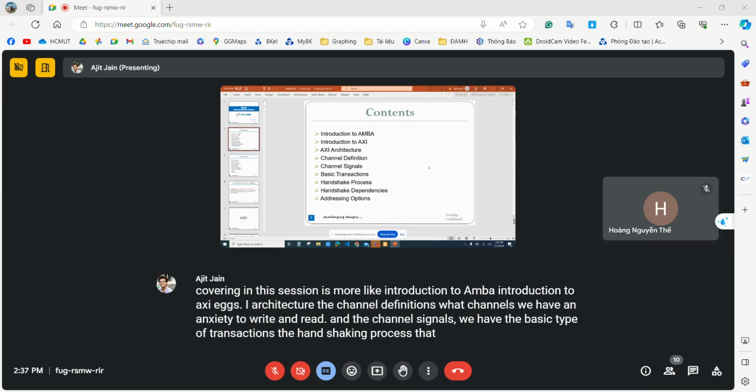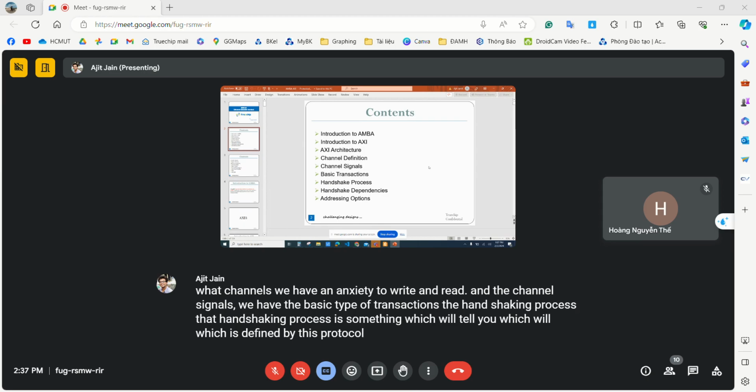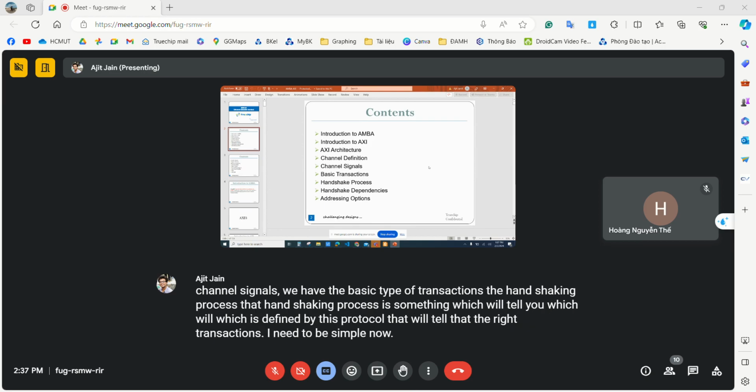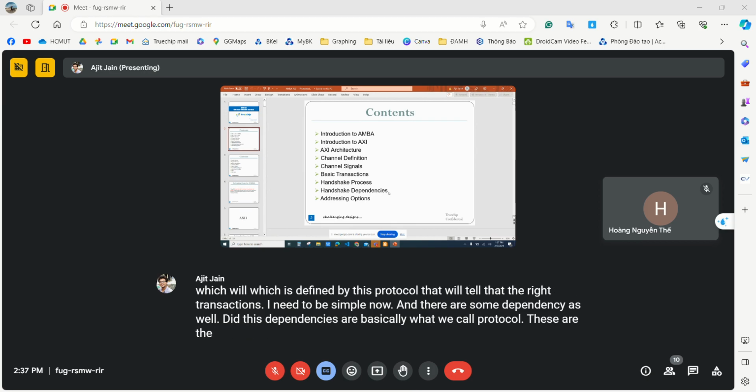The handshaking process is defined by this protocol, and it tells when the write or read transactions need to be sampled. And there are some dependencies as well. These dependencies are the rules which we call the handshake dependency.